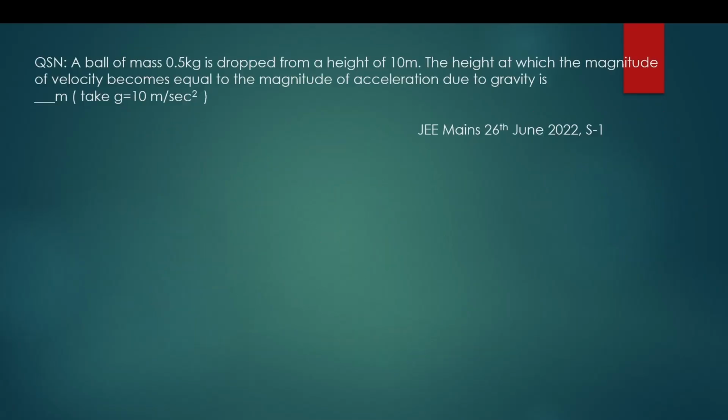Now the question is: a ball of mass 0.5 kg is dropped from a height of 10 meter. The height at which the magnitude of velocity becomes equal to the magnitude of acceleration due to gravity is what. It is a very important question. It came in JEE Mains 2022, 26 June shift 1. The magnitude of the velocity becomes equal to the magnitude of acceleration due to gravity, so the velocity will be 10 meter per second.